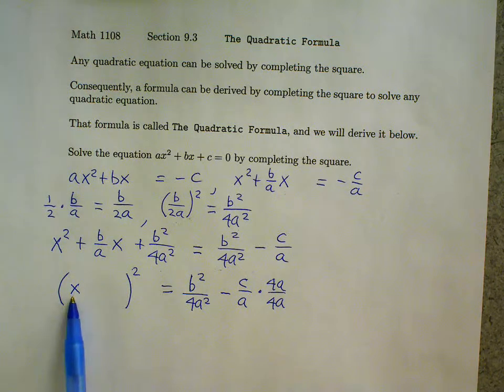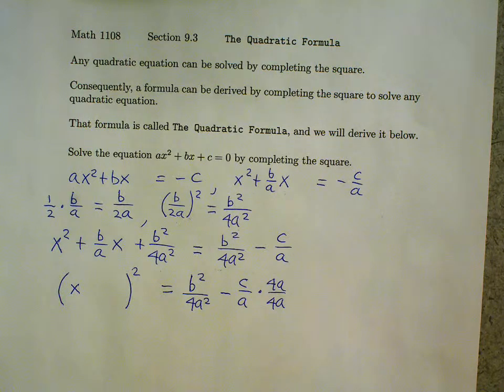So the binomial has to have x. And then how do we know what follows x inside the parentheses? Earlier when we took the coefficient of x times one half.